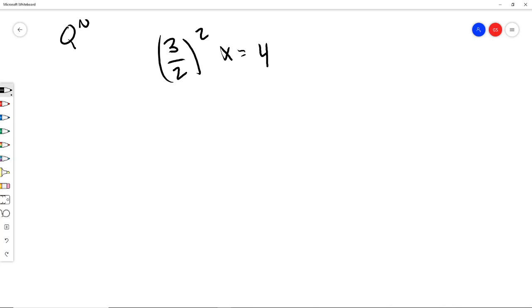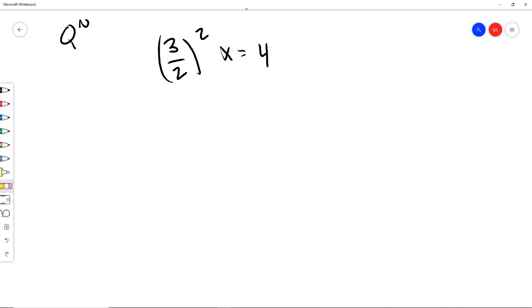We want x by itself, so somehow we want to multiply by the inverse of this. We'll multiply both sides of the equation by that, so we have 1 times x, and then x is isolated.